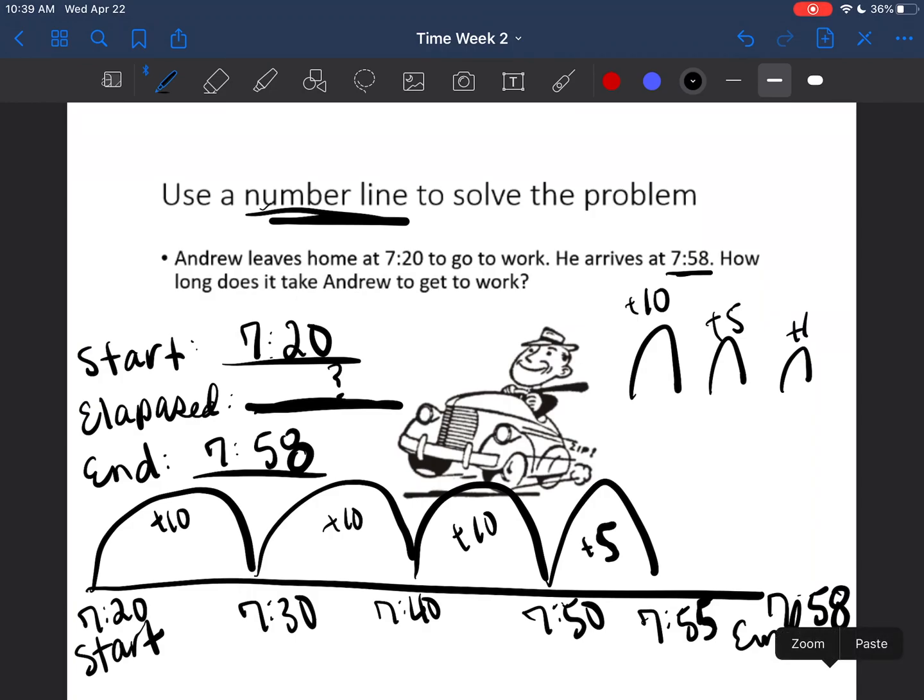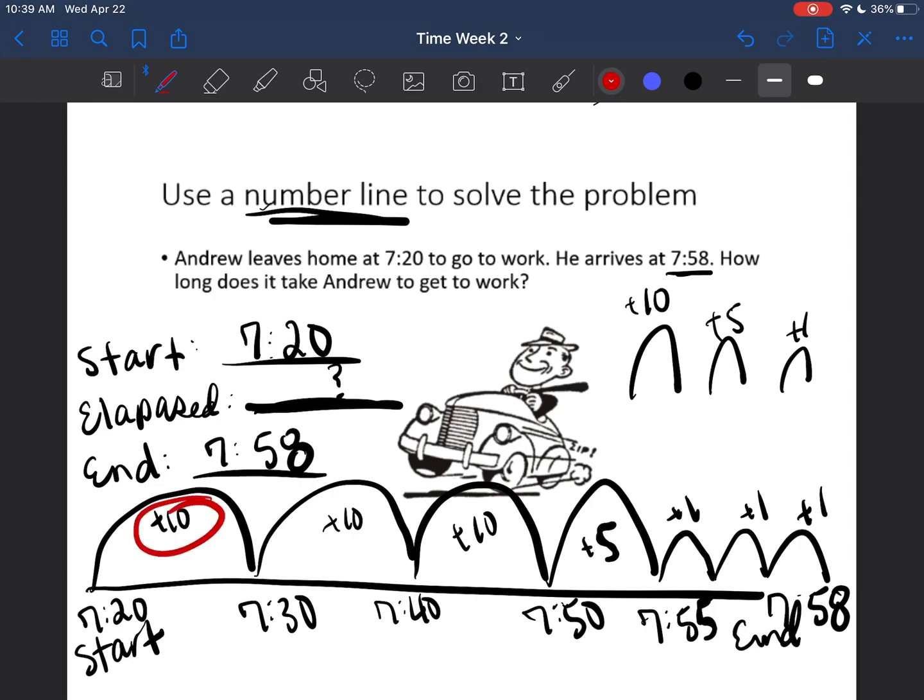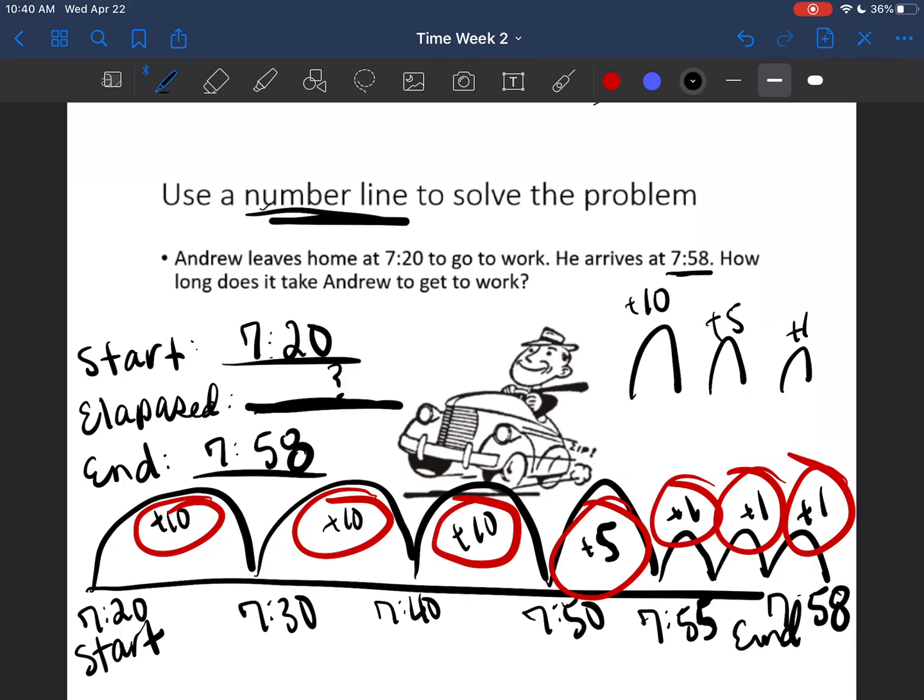So I'm going to make small jumps of 1. 7:55, 7:56, 7:57, 7:58. Now to find out my elapsed time, all I'm going to have to do is add my jumps. 10, 20, 30, 35, 36, 37, 38. How many minutes have passed? 38 minutes.